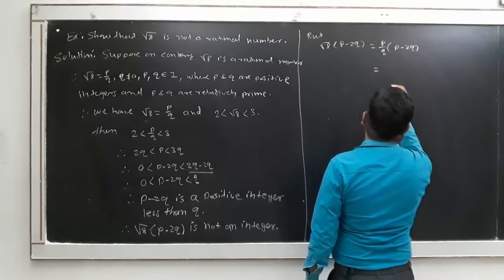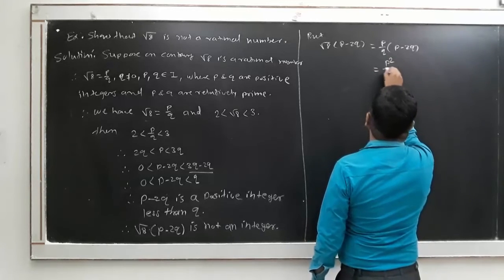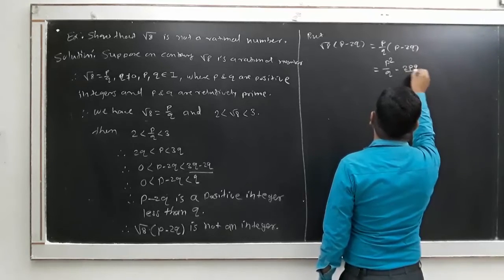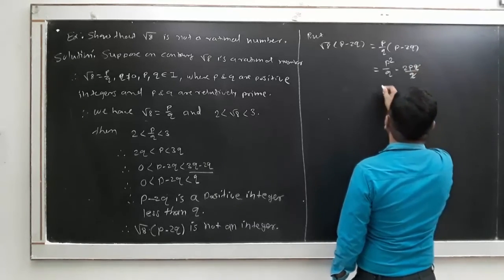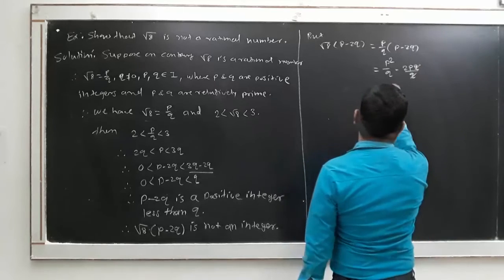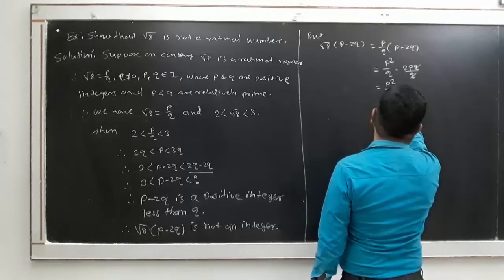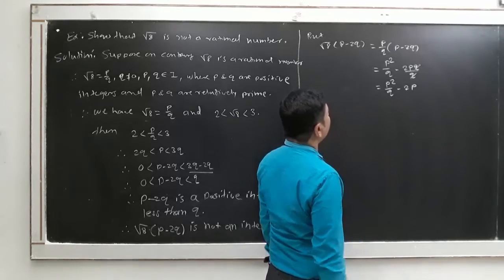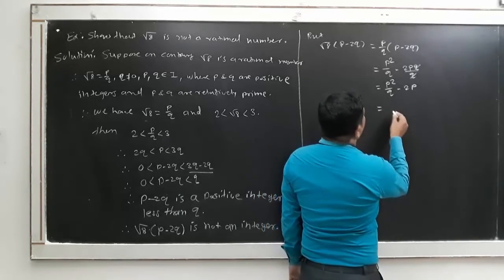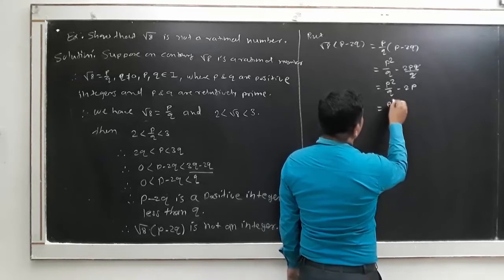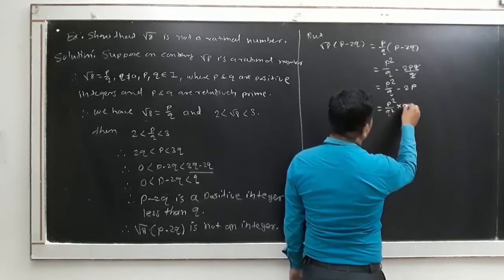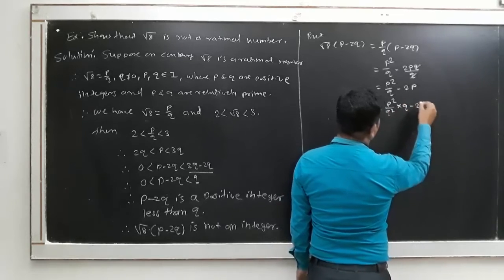If you try to solve this, what are we getting? P square upon Q minus 2PQ upon Q. This Q gets cancelled, and we get P square upon Q minus 2P. Then we divide and multiply the first term by Q, so P square by Q square into Q minus 2P.